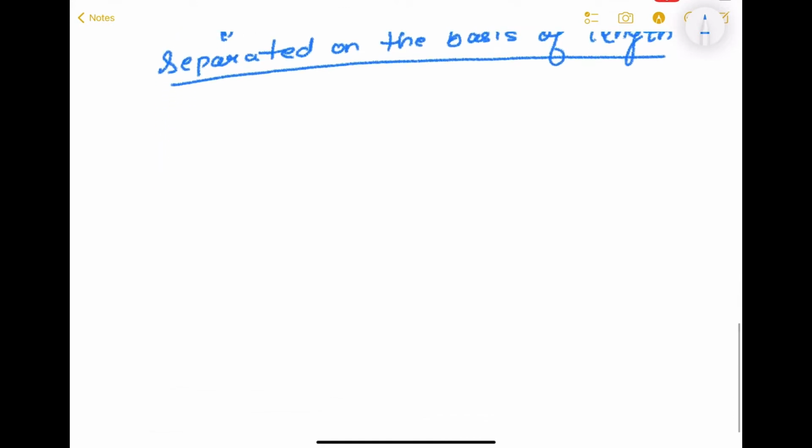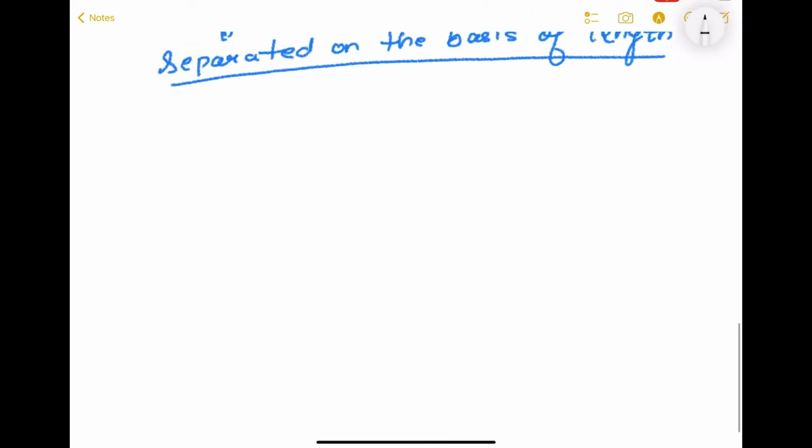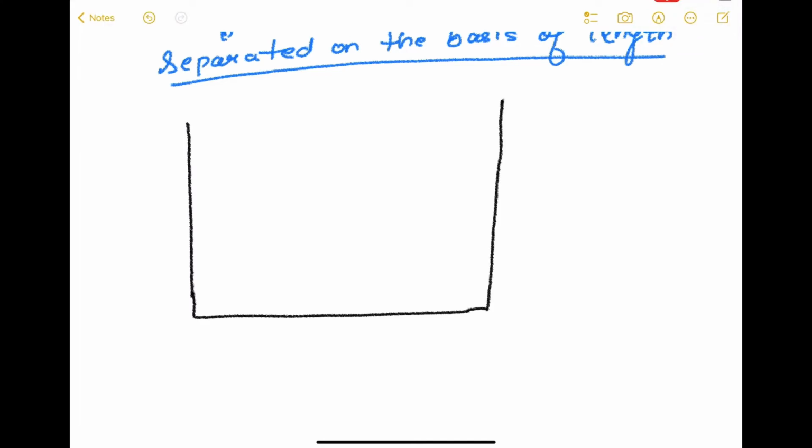Now we are going to make a setup with which you can clearly understand the process of agarose gel electrophoresis. Suppose this is a buffer medium. The function of the buffer is to maintain the pH. This buffer medium is filled inside the setup.